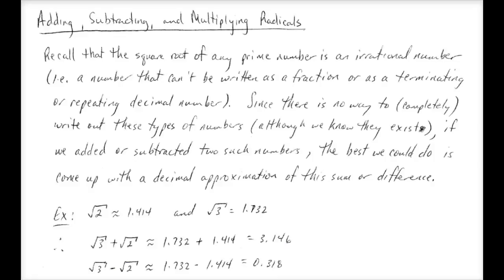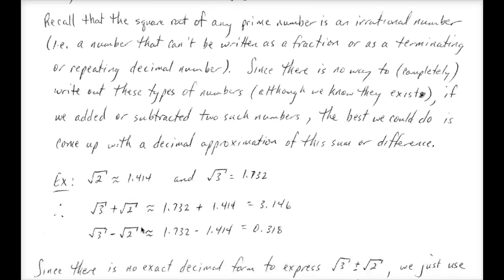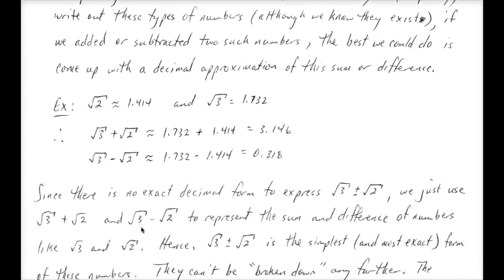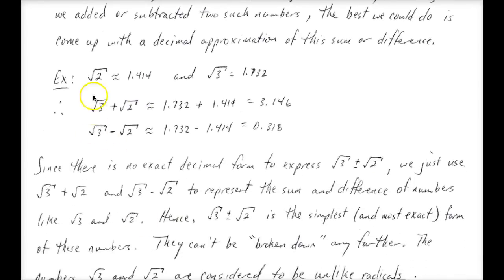In other words, they cannot be written as a terminating or repeating decimal. So the best that we could possibly do with those is a decimal approximation like I have shown here in this example.